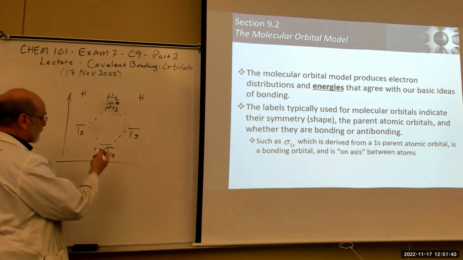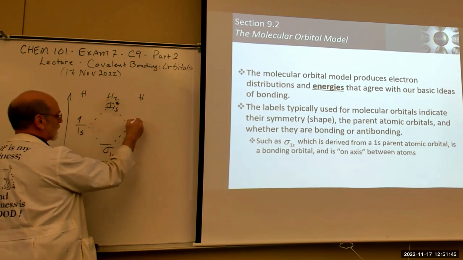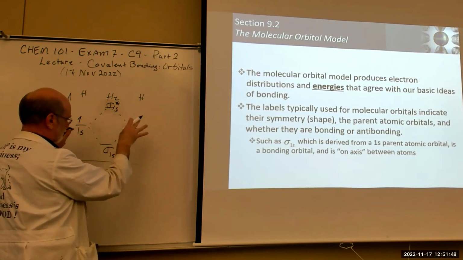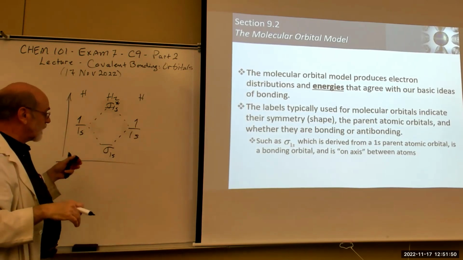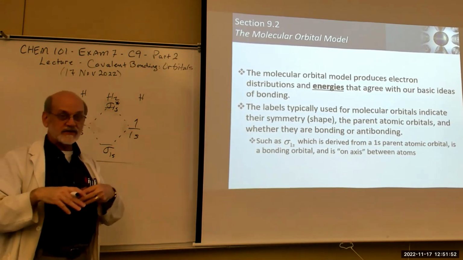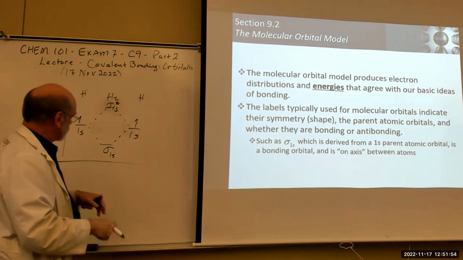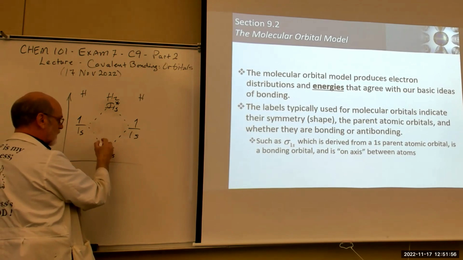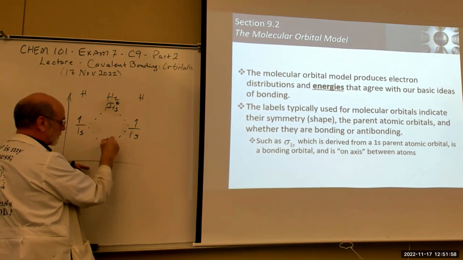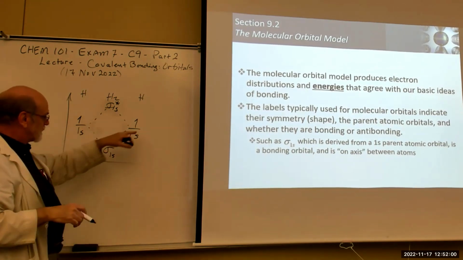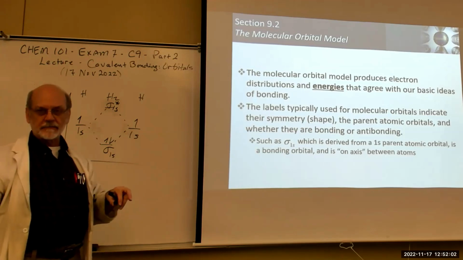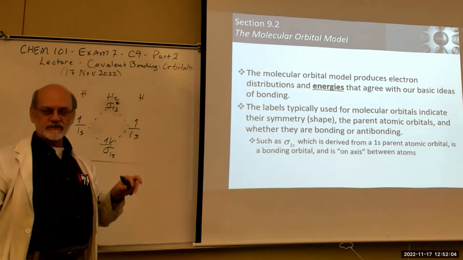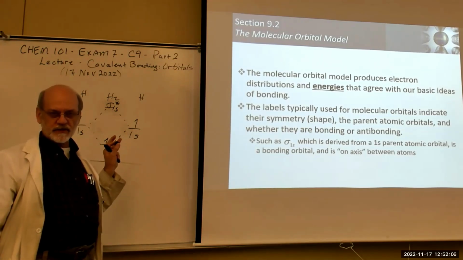And then we put the electrons in, right? One electron from each here. And remember, they go in the lowest orbital first. That hasn't changed either. So we put both of these electrons down here because this orbital can hold two. But one of them has to change its spin, right? Because we can't have two electrons in the same orbital with the same spin.